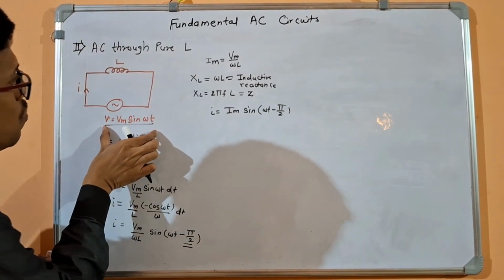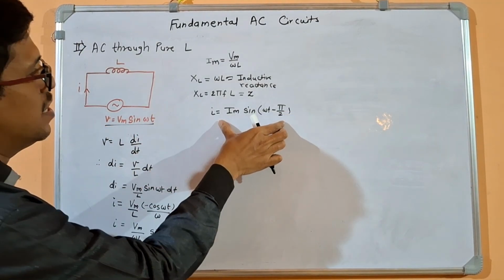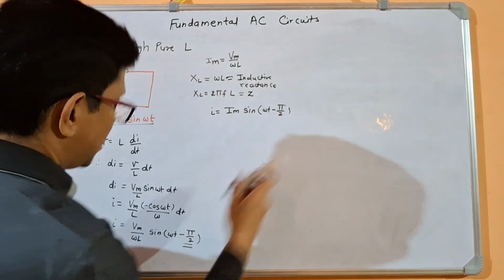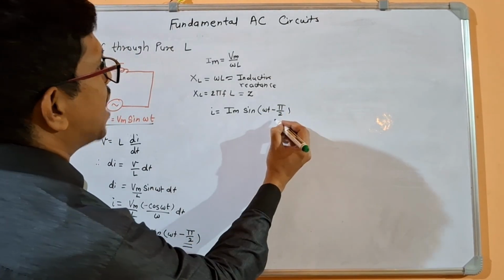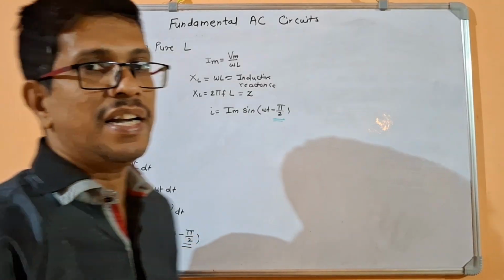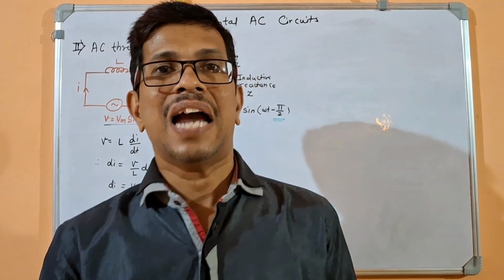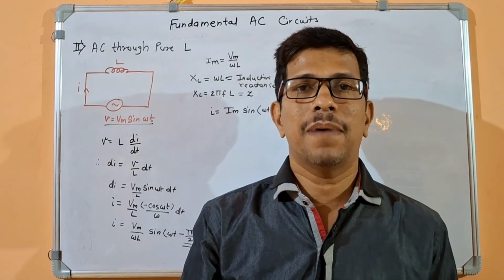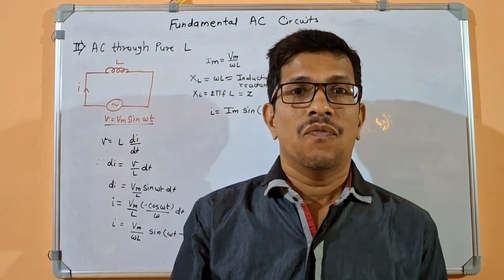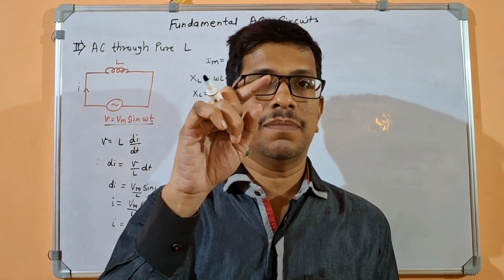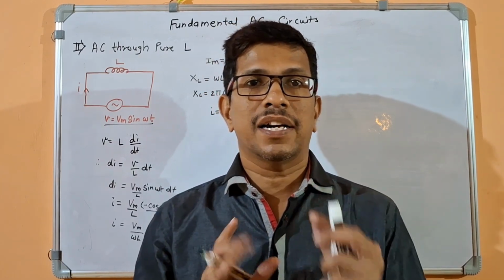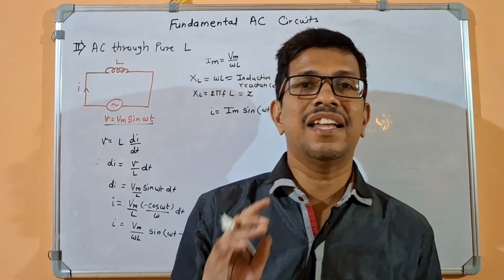So V is equal to Vm sin omega t, I is equal to Im sin omega t minus pi by 2. This minus pi by 2 indicates that current is lagging behind voltage by an angle of 90 degrees or pi by 2 radians. म्हणजेच काय, when voltage reaches maximum, current starts from 0. Okay, म्हणजेच current आणि voltage मध्ये 90 degree चा difference आहे.